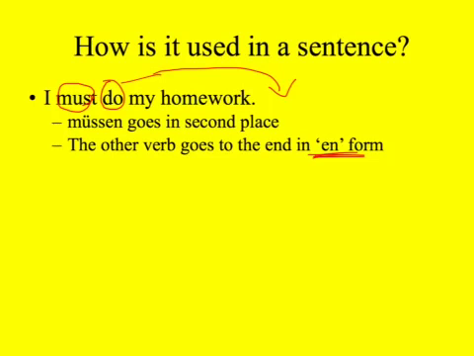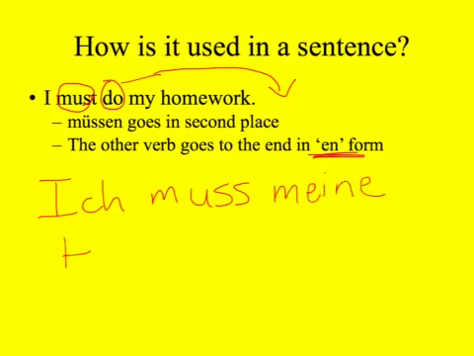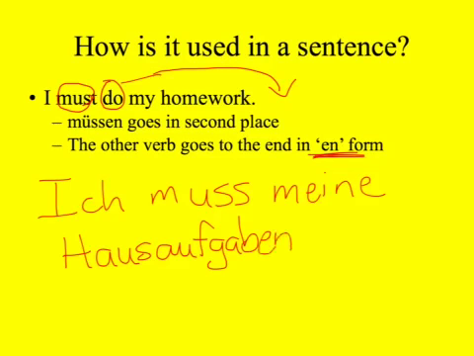So what we end up with is ich muss, my homework, meine Hausaufgaben, and then that second verb, the one that actually says what you have to do, is machen, and it's always, when you're using müssen or any other modal verb, at the end in its en form, which is known as the infinitive form. Let's have another look at an example, and remember, the must has to go second with the other verb going to the end.